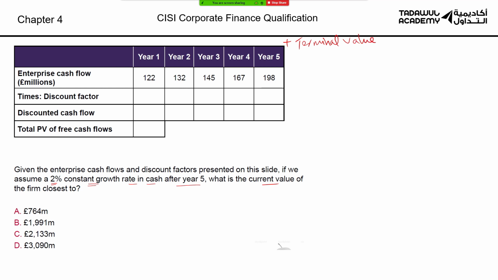So what is the terminal value? I think we already have the value of the firm here. I think we have it here, 110.9. You can see from the previous page, 109.09, 108.9, 108.9, 114.1, and 122.9.